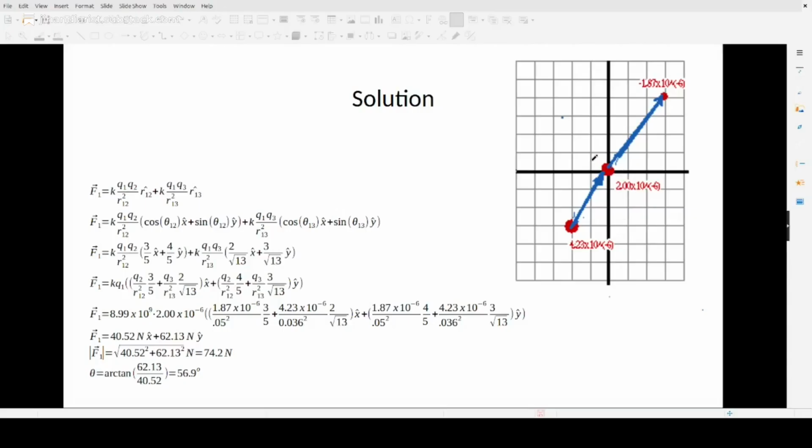That's the charge we're trying to find the force on. I used a different numbering system here: this is force 2, 3, this is force 1, 2, this is force 1, 3.